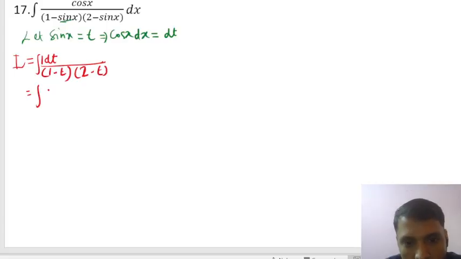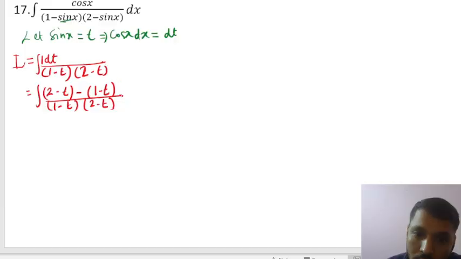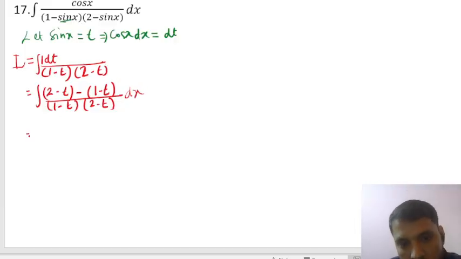We can write 2 minus t, and then minus (1 minus t), so it will be 1 only, divided by (1 minus t) into (2 minus t). This is the shortcut we can do, or otherwise if you apply partial fractions we will get the same thing.